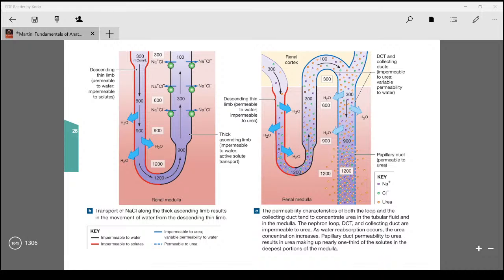Now the exchange of substances, you can look here. This one is the peritubular fluid, which is separating the thick ascending limb and the thin descending limb of the loop of Henle.